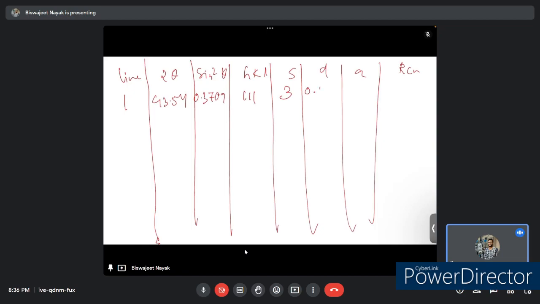D is found to be 0.2079. From that we can calculate the value of A as 0.3600.